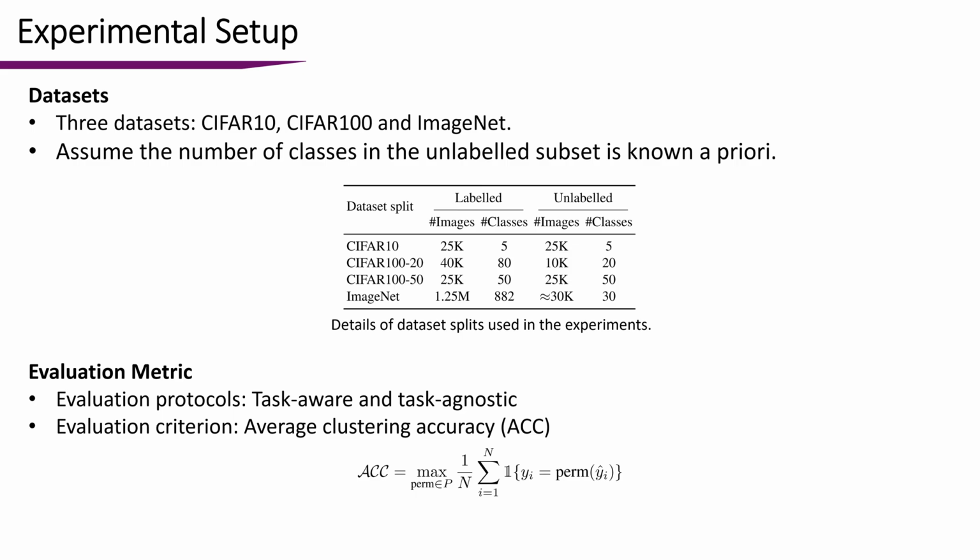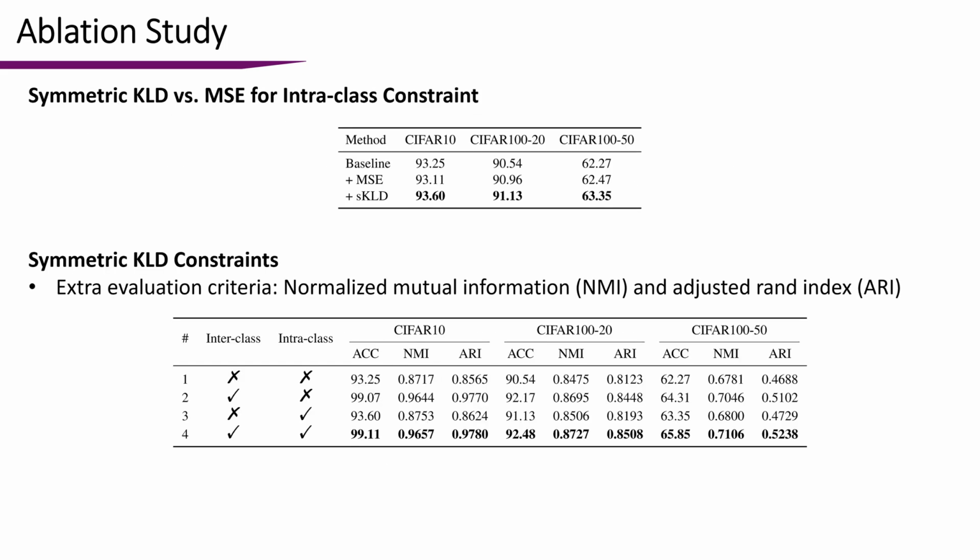In the task-aware protocol, we know whether an image is from the labeled subset or the unlabeled one. In contrast, in the task-agnostic protocol, we have no idea about such information.